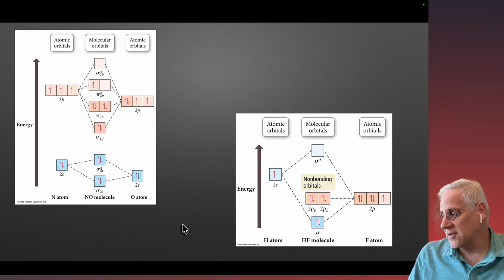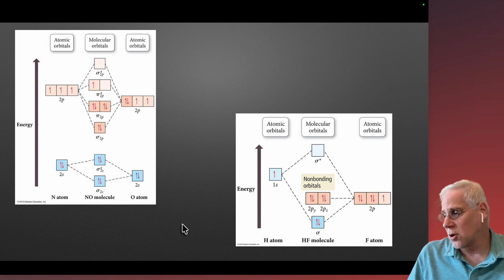But what we see, remember we saw on different sigma interactions, is that the 2pz on the fluorine can interact with the 1s, so you have an sp overlap here to form that sigma bond, and that's going to be here and here. Then you've got two other orbitals left. They have nowhere else to bond to.